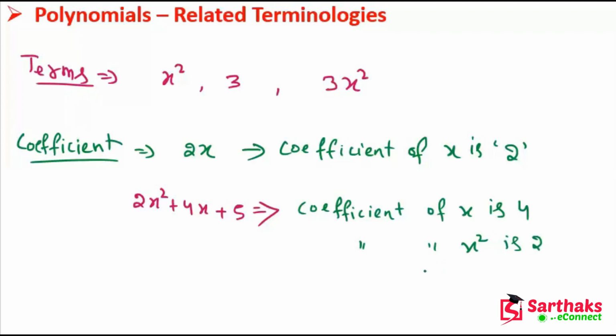I hope you get this point. So coefficient is the numerical value which is written along with the variable. I hope, my dear friends, you understand the concept of coefficient. Okay, so now let's move on.